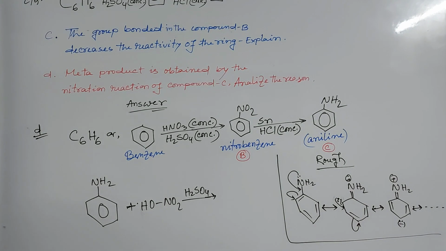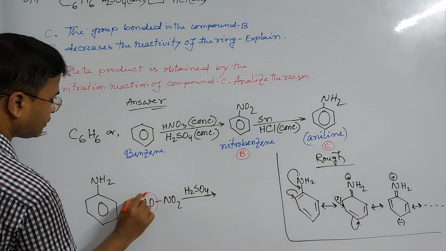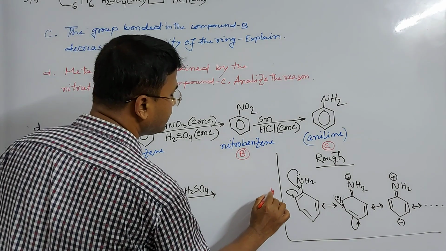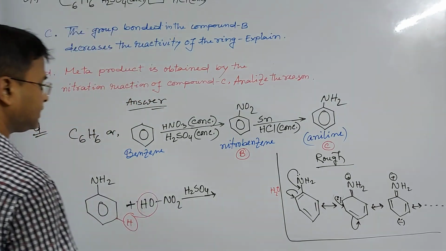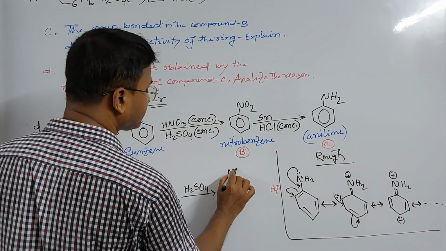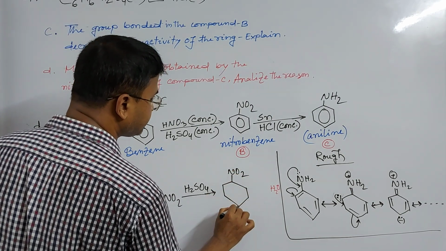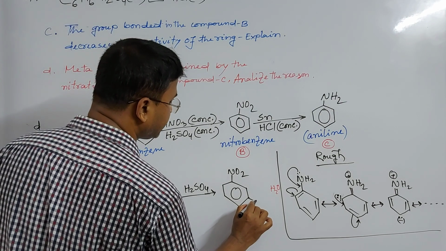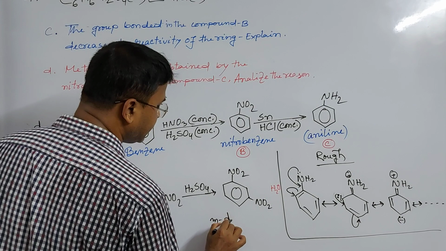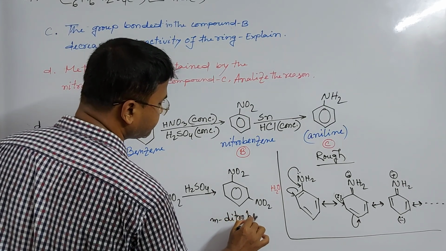The hydrogen atom of the meta position combines with OH of nitric acid to produce water, and hydrogen is replaced by the nitro group of nitric acid to produce meta-nitroaniline.